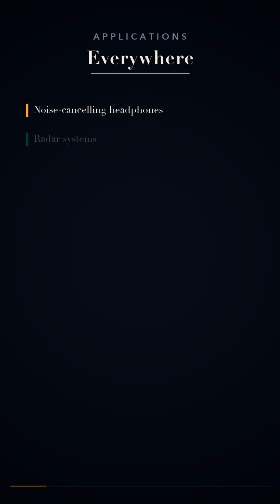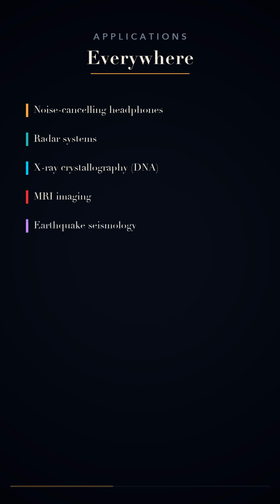Noise-cancelling headphones use it to identify and subtract ambient frequencies in real time. Radar systems use it to extract the speed and distance of a target from a reflected radio pulse. X-ray crystallography, the technique that revealed the structure of DNA, is a Fourier transform applied to the diffraction pattern of X-rays bouncing off a crystal.